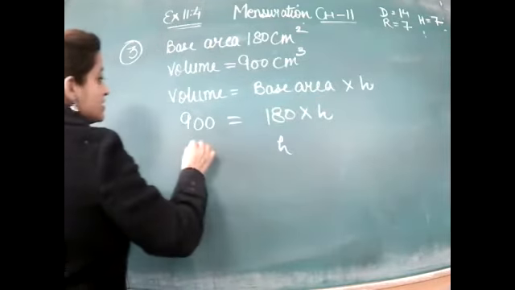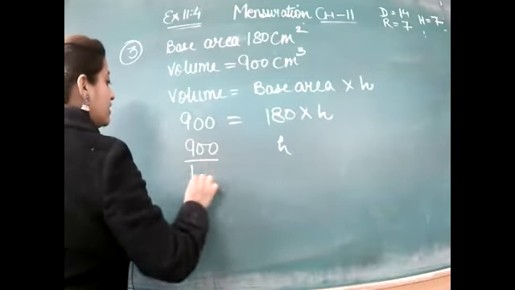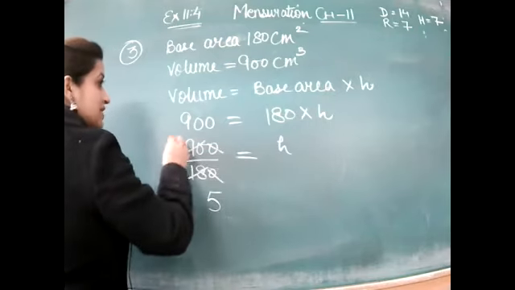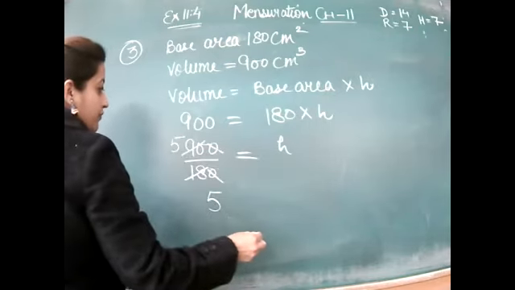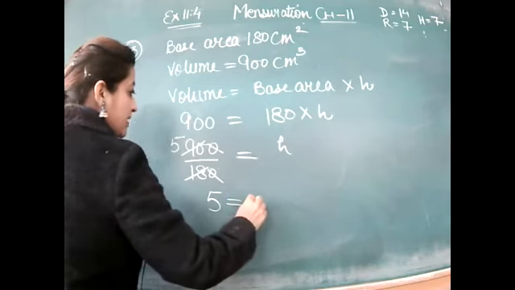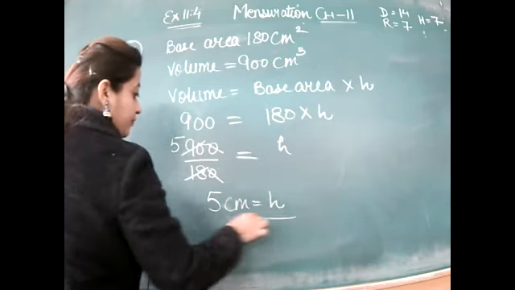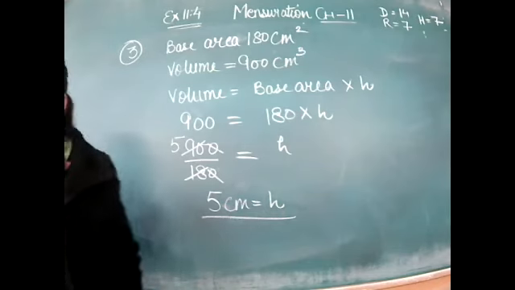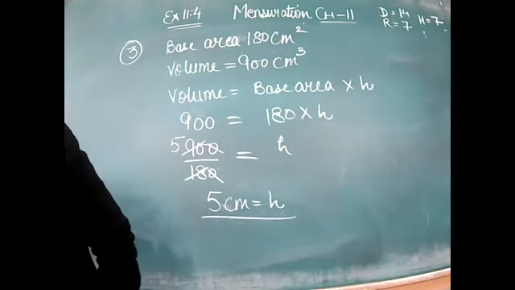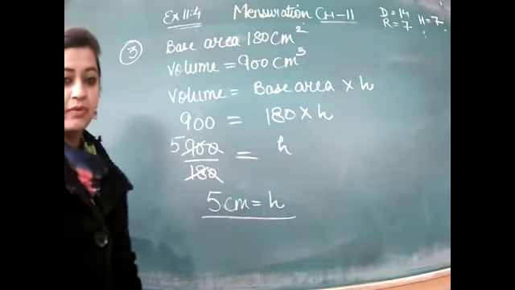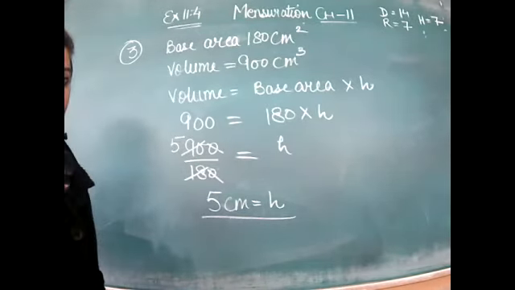So if you take this on the left side, it will divide and after cancellation you will get 5. So you will be getting height as 5. Height of the cylinder is 5 we are getting here. Is it okay?